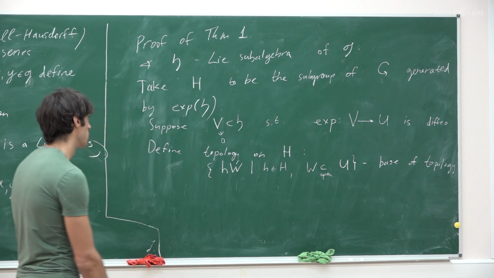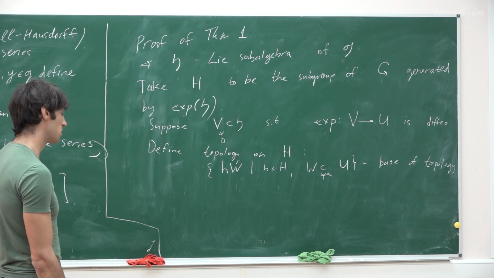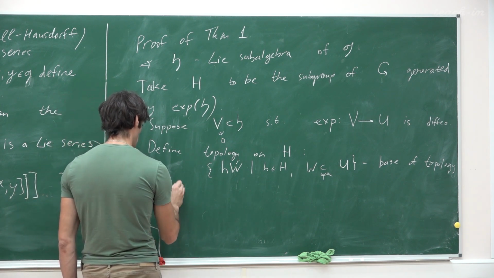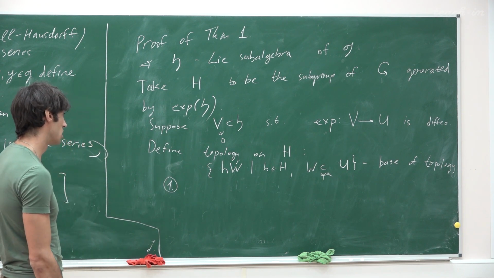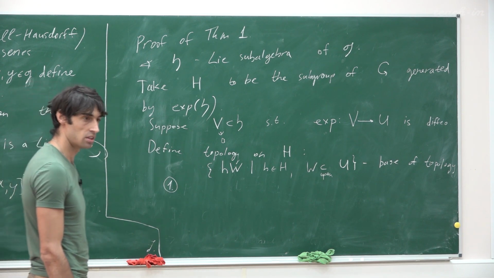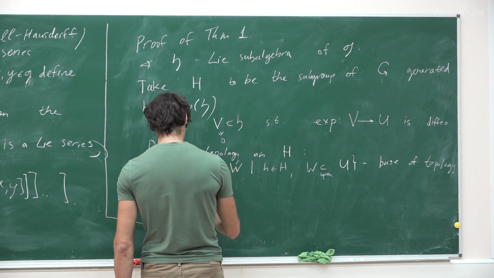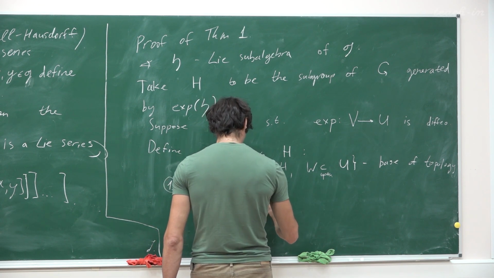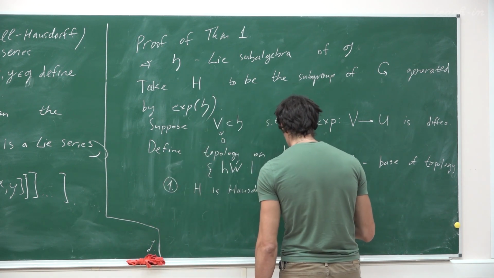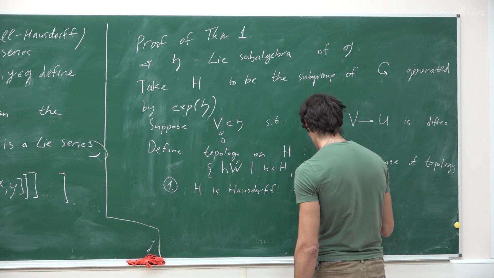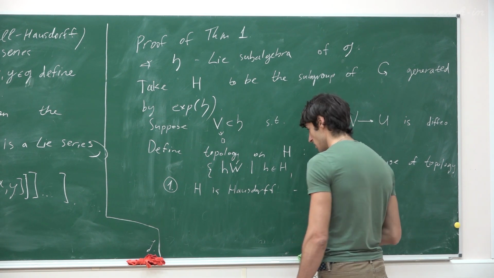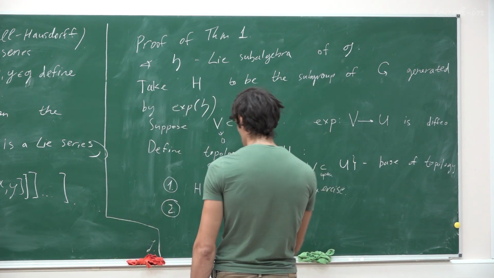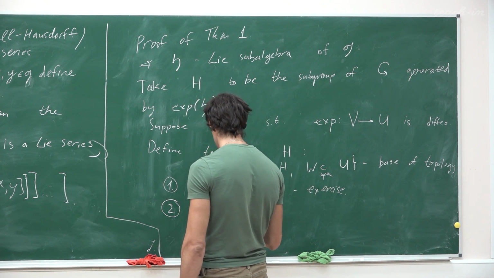Then I need a bunch of observations. So first of all, H becomes a Hausdorff space with this topology. This is an easy exercise. Second, I claim that H is, of course, I would like it to be second countable, right?